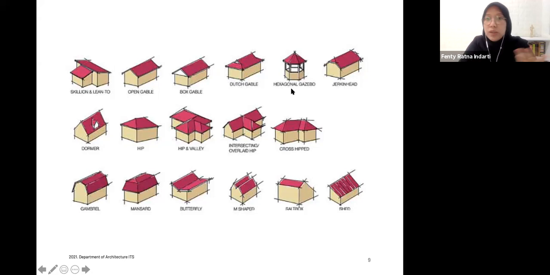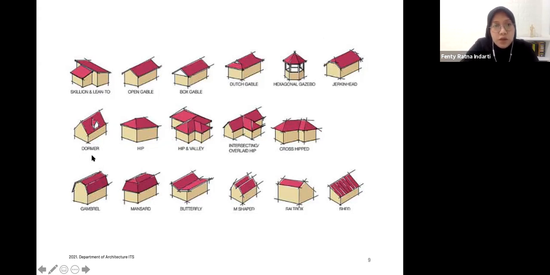And then also we can have a hexagonal gazebo. This one is basically trying to explore the basic shape of pitch roof, but having one point on top. And then you have the gerkin head. So gerkin head, this one, is just cut in the edge like this.